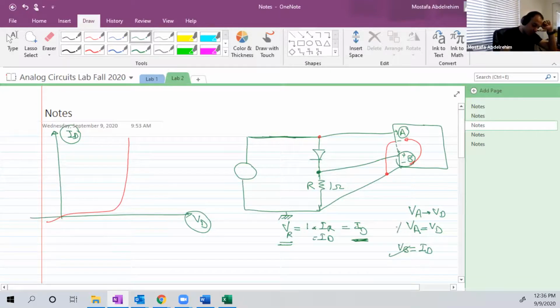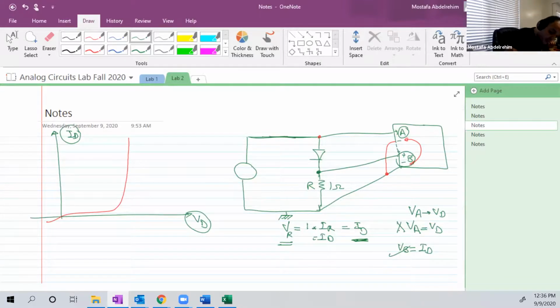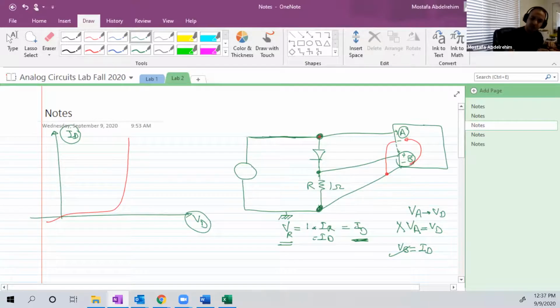But that's not okay for VA, because VA is measuring the voltage between that point and that point. So VA is actually equal to, currently, VD and VR, which is not right.